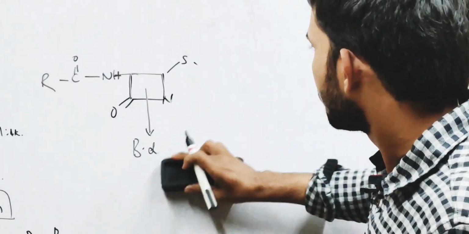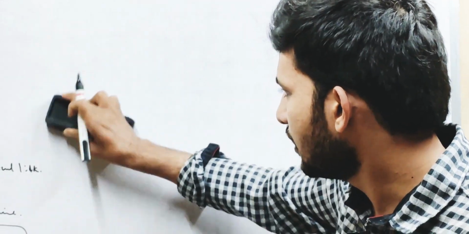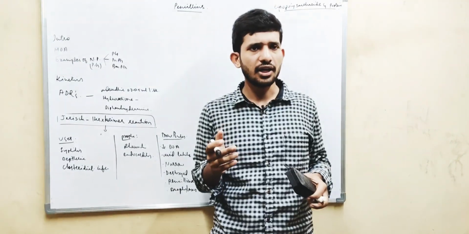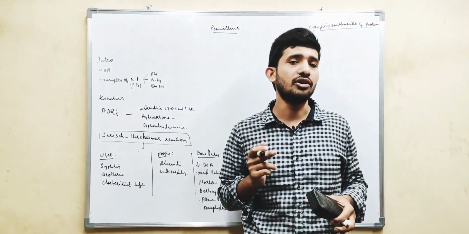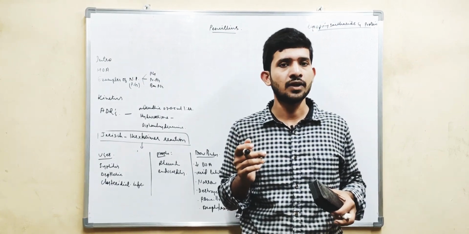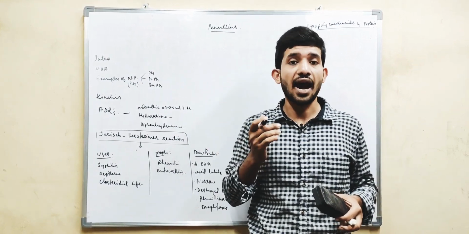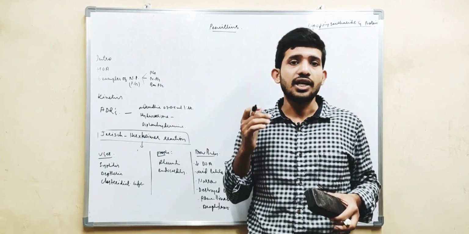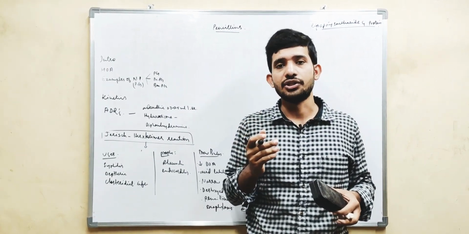beta-lactam antibiotics. So listen carefully, penicillin is one of the very important antibiotics, and it is the first antibiotic discovered by man and used clinically. Remember, it is an antibiotic, it is not an antimicrobial agent.